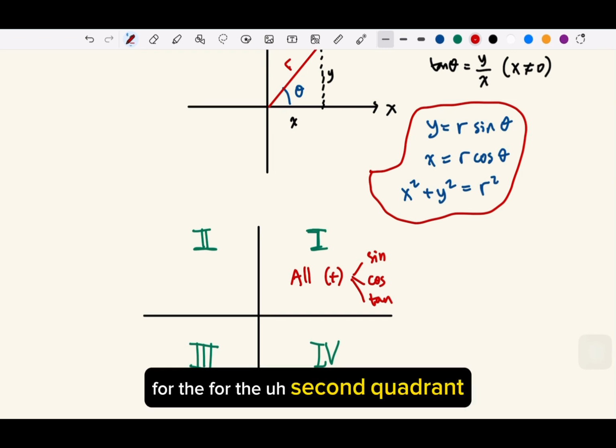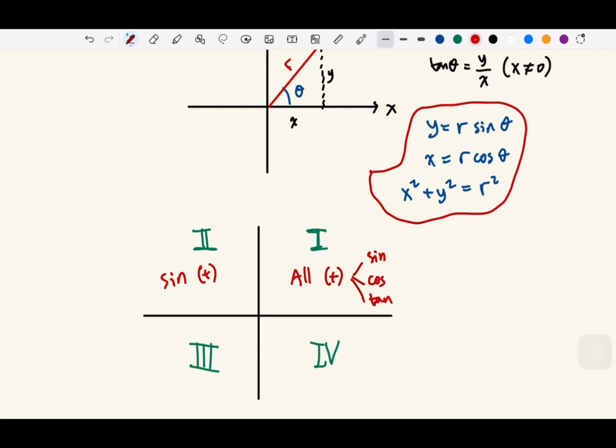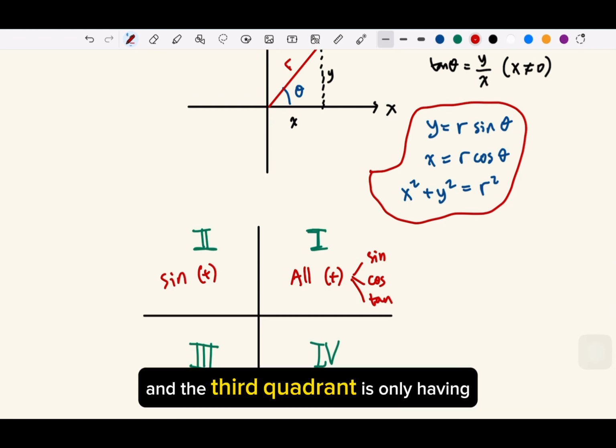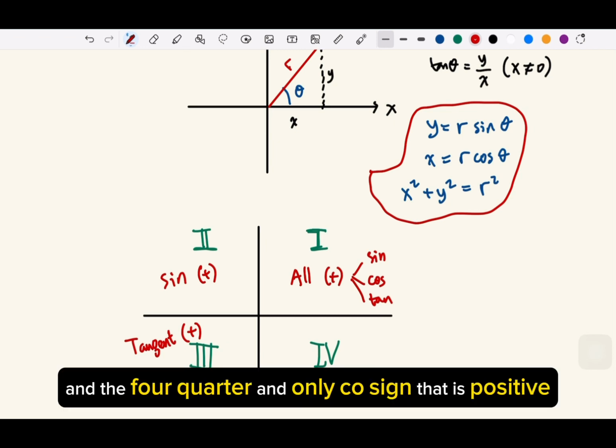For the second quadrant, only sine is positive, so the others will be negative. And the third quadrant only has tangent positive. And the fourth quadrant only cosine is positive.